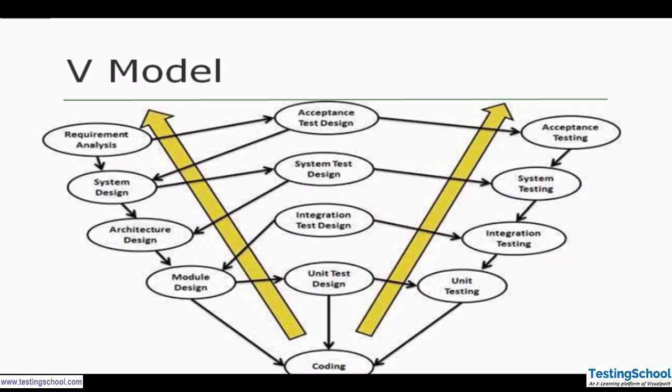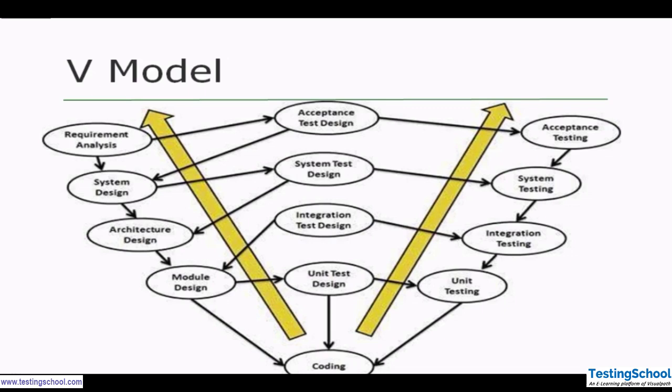So why is the V model implemented? The V model is integrated because the developer and the tester can start their work simultaneously. If the developer is doing the module design, then the tester can start with the unit testing.